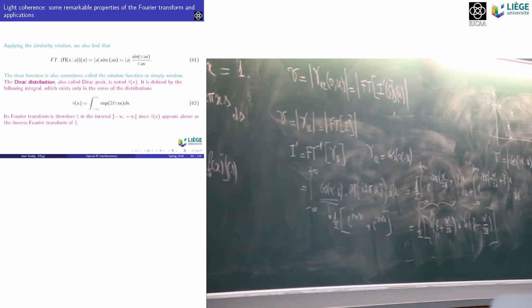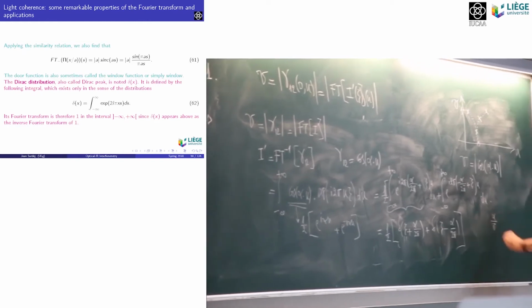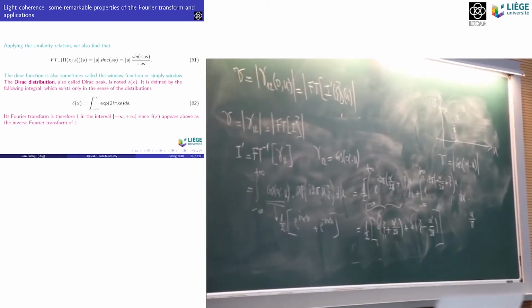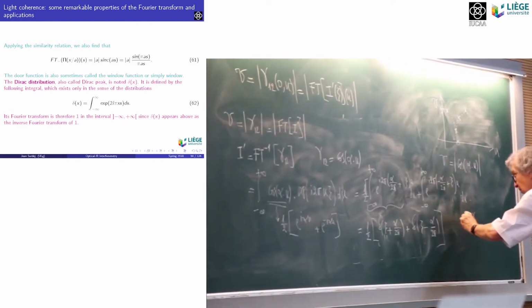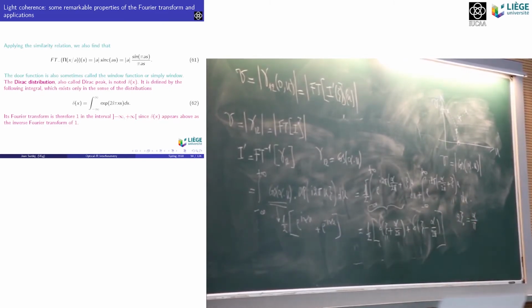And now I say, oh, this is a double star, because the two Dirac functions are separated by alpha over pi. This is the angular distance between the two. So the separation between the two is 2 zeta 0 equal alpha over pi.